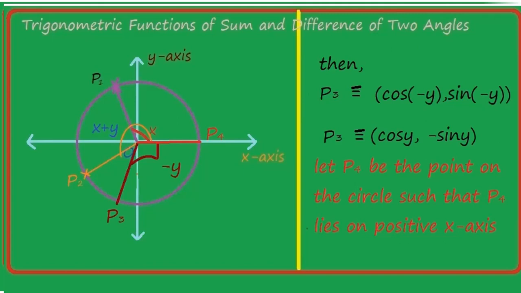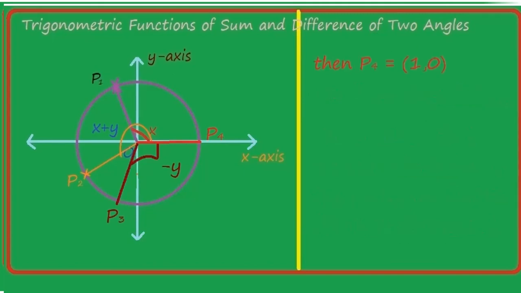What is the coordinate of P4? As it is a point on the x-axis, the y coordinate of the point is 0. And what is the x coordinate? The x coordinate is 1, because the circle is of radius 1, and the coordinate of P4 is 1 comma 0.